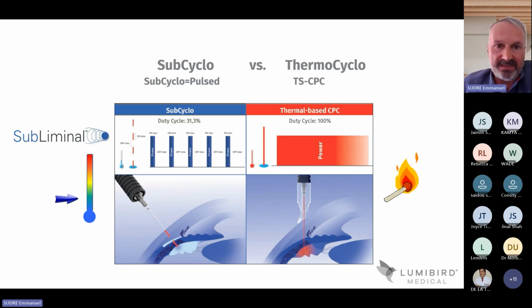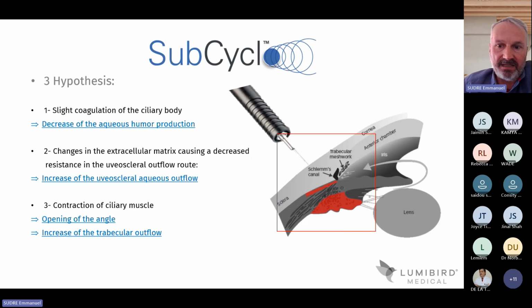This subcyclo technique has three hypotheses. We can get a slight coagulation of the ciliary body. This decreases the aqueous humor production a lot, but at the same time we have a kind of stimulation of the uveoscleral pathway, so it increases the uveoscleral aqueous outflow at the same time.